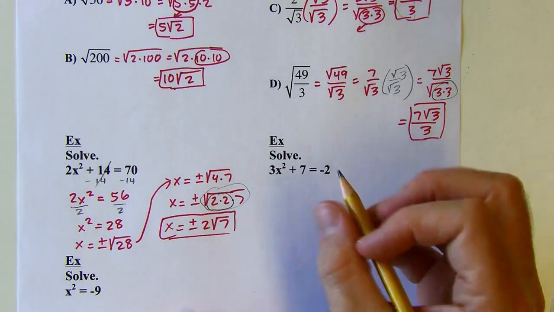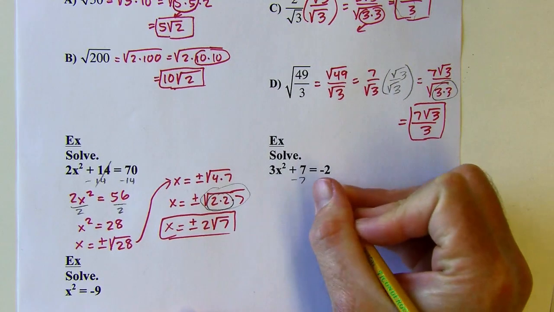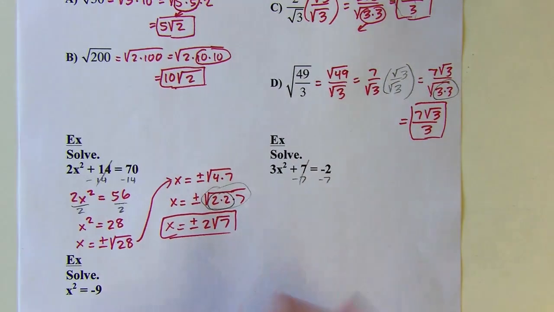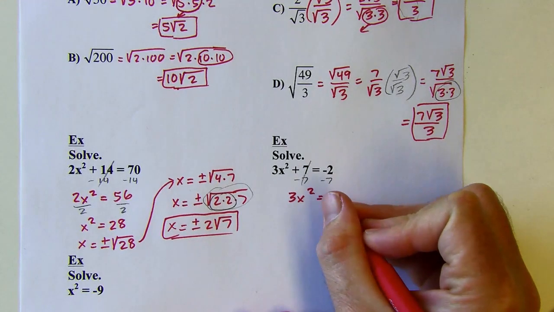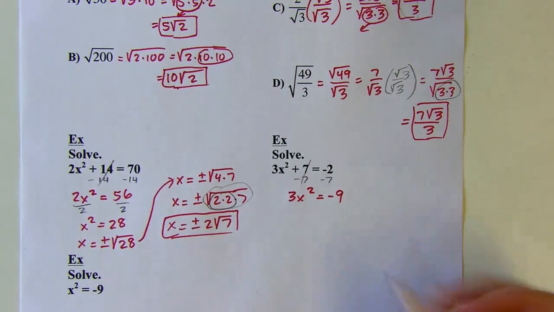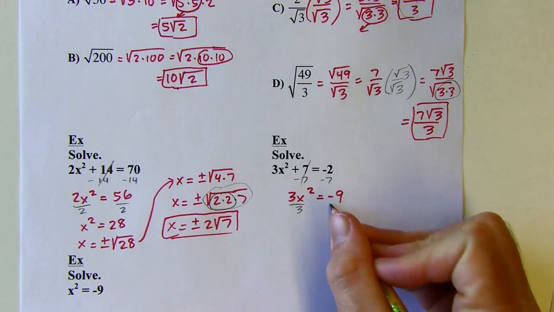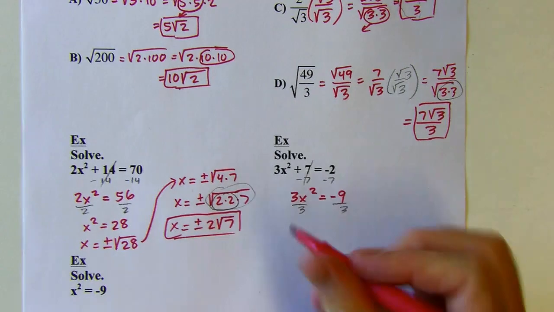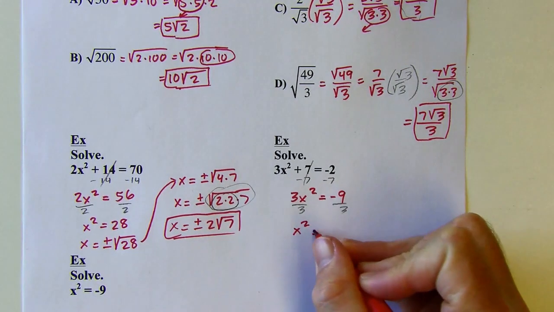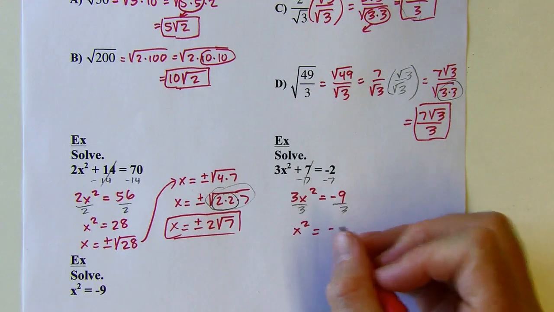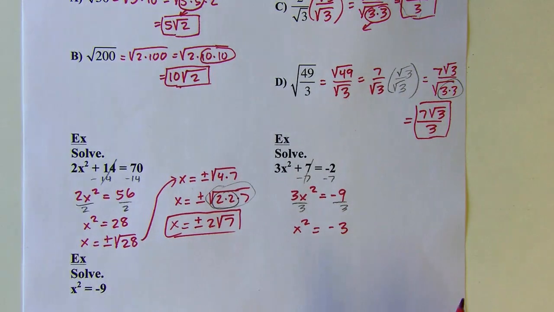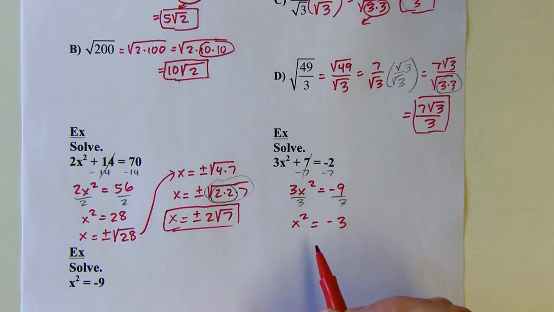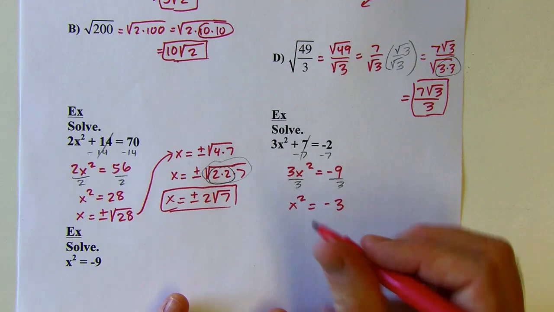I'm going to subtract 7 first. Okay, now I'll divide by 3. Okay, and then I want to take the square root of both sides.